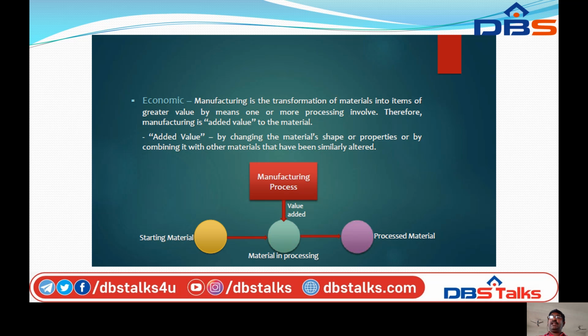By changing the material shapes or properties, or by combining it with other materials, the material is altered. You can see the diagram: the starting material is converted to material in processing. In material processing, we add the manufacturing process or value added. We can change the material properties also. Then finally, the material will be processed.